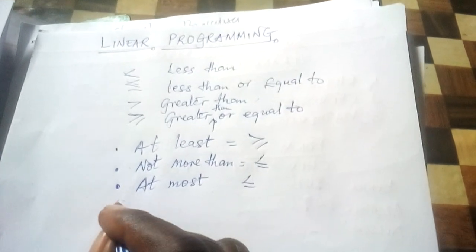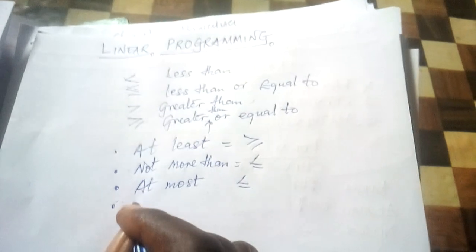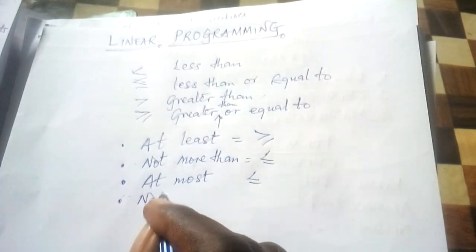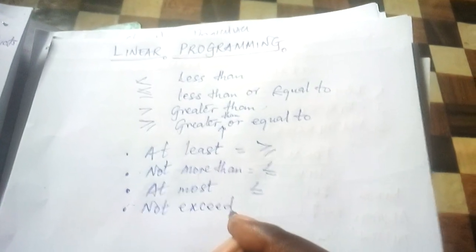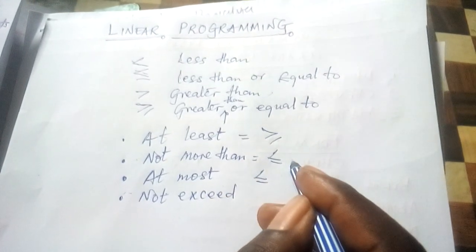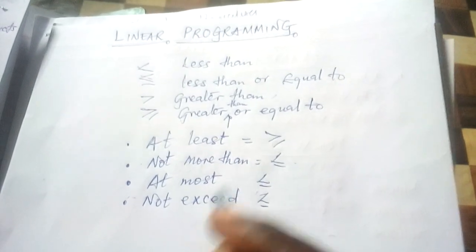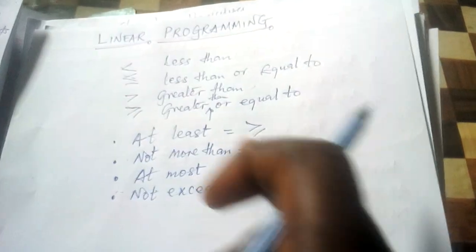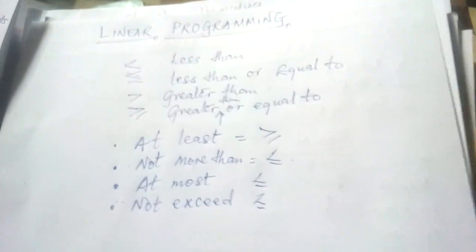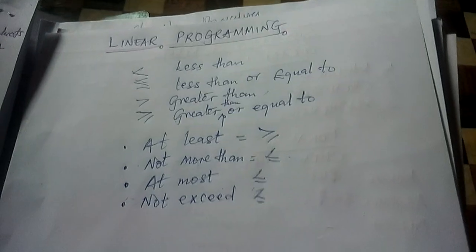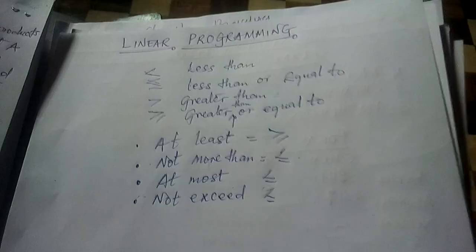Or sometimes they may say must not exceed. It means that you are also considering less than or equal to. So this is the language that you are supposed to be familiar with whenever you are looking at linear programming.